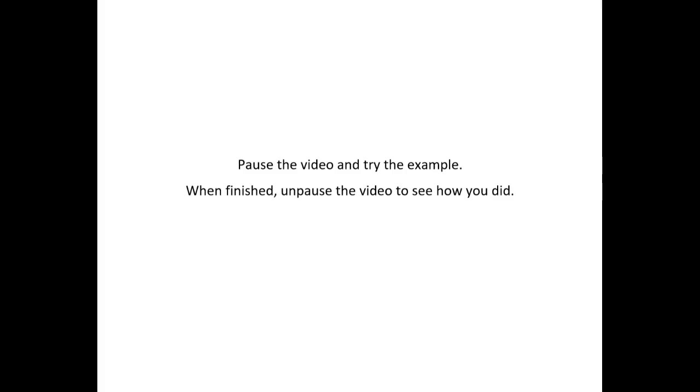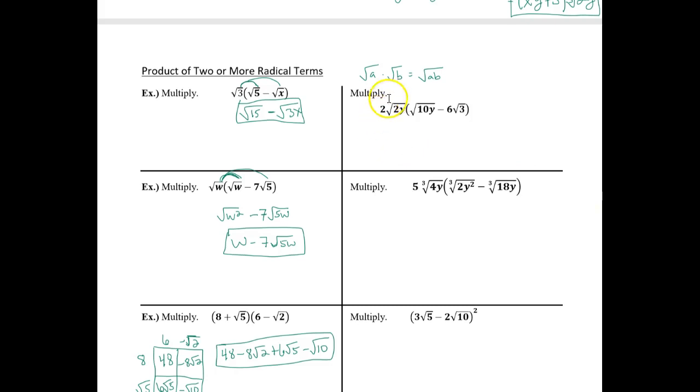Alright, we have 2 times the square root of 2y. That is one term. There's no plus and minus in there. And we are going to distribute it into our parentheses, making sure that every term inside the parentheses gets that 2 times the square root of 2y.